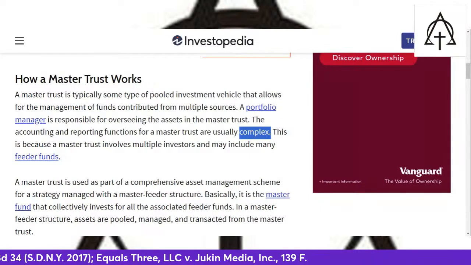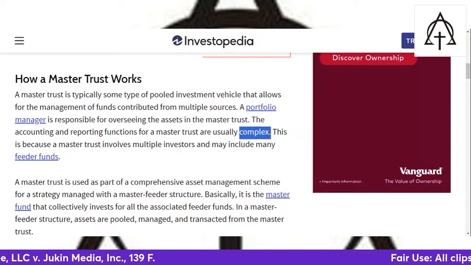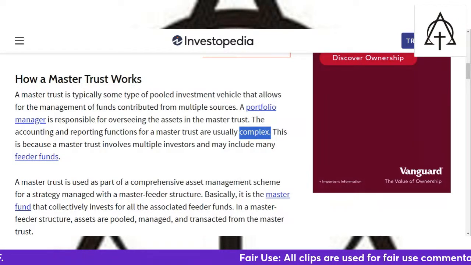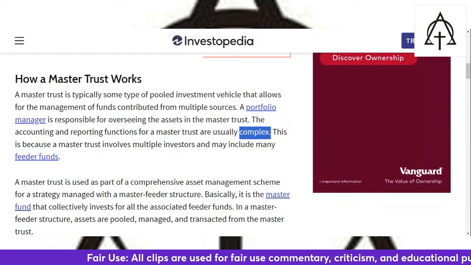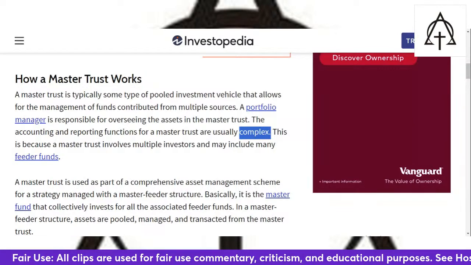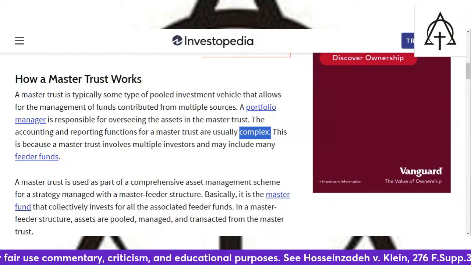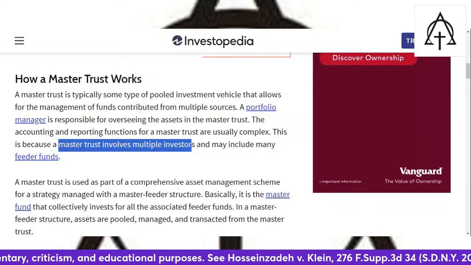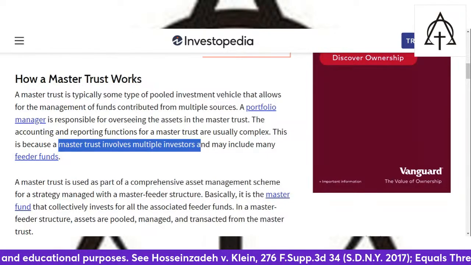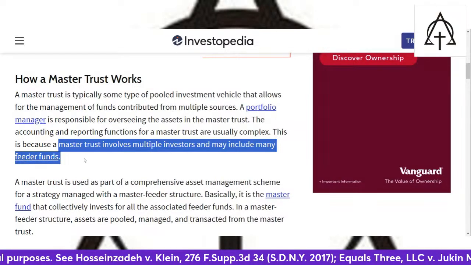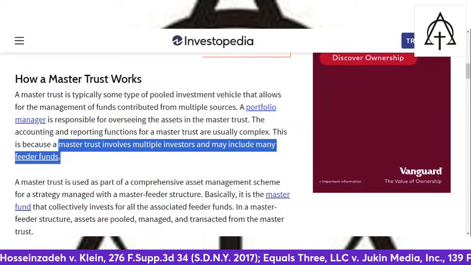And so, like we talked about last night, when we're dealing with the trust issue here, it is multiple jurisdictions, multiple cases, and therefore equity dissolves at multiplicity of suits. This is because a master trust involves multiple investors and may include feeder funds. So the court is a feeder fund.